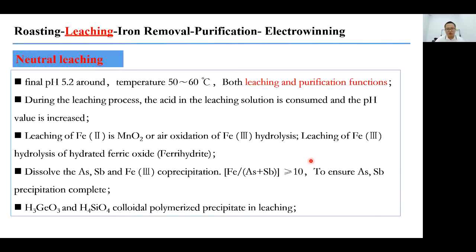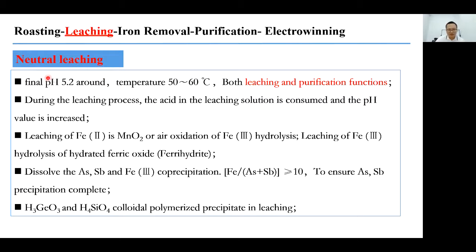So three groups have been made in telling the behaviors of those elements in the leaching part. And there are different technologies in the leaching stage. And the natural leaching, this is available all over the world in the zinc plant.